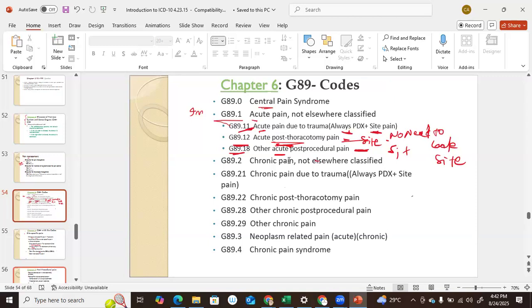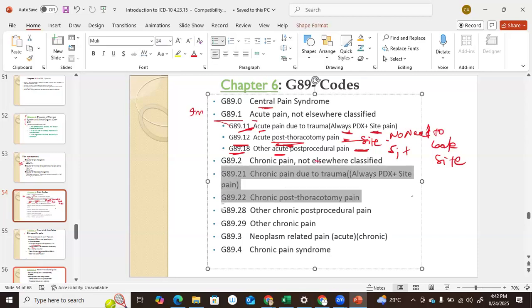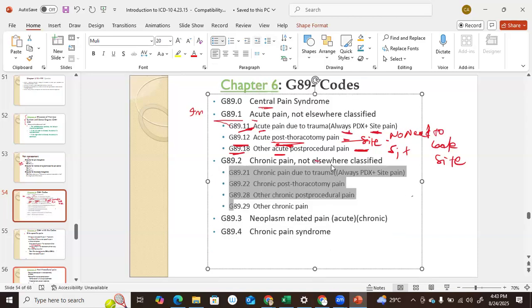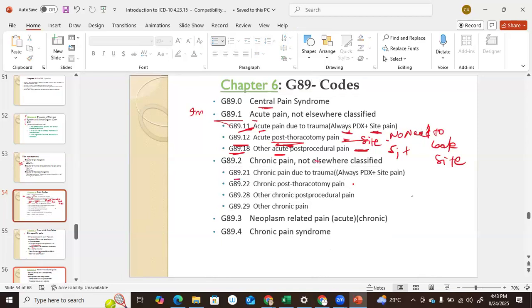For chronic pain also we have separate sections and the same type of codes, except G89.29. Under chronic pain, our first code is G89.21, the same as G89.11. G89.21 is chronic pain due to trauma.